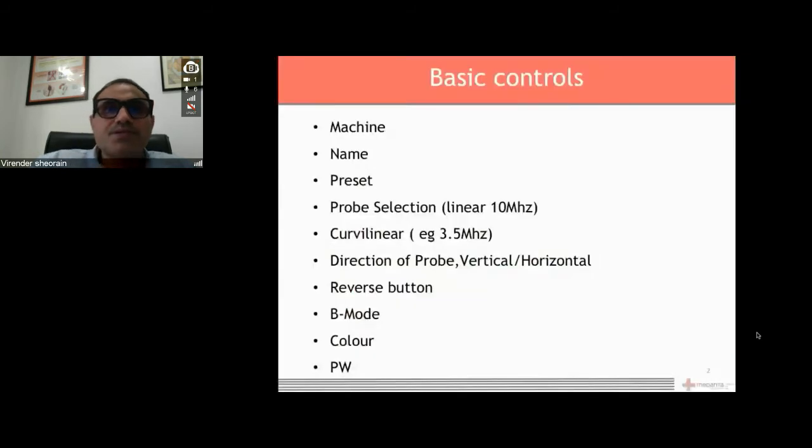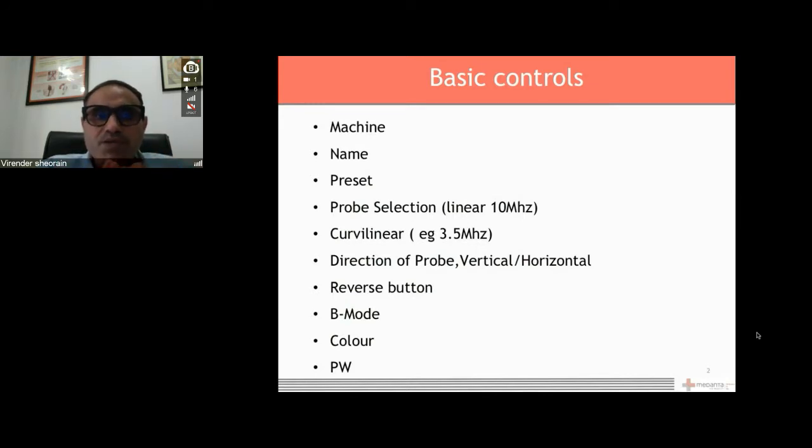Coming to the basic controls, we know that ultrasound in today's era is a stethoscope. So we should know our machine, and the more you know about it, the better a friend it will be. Modern machines, from any vendor, have everything labeled and preset.